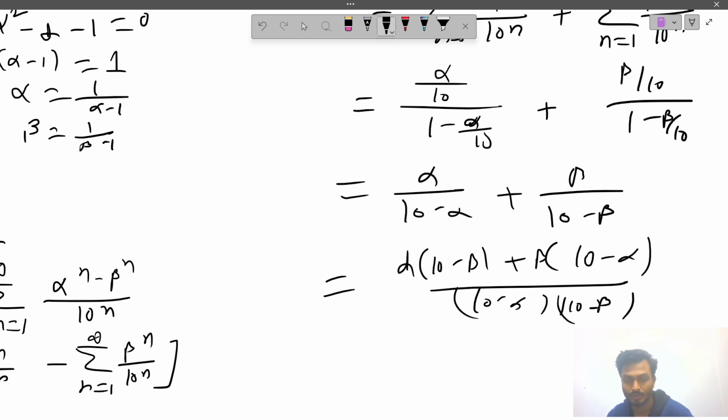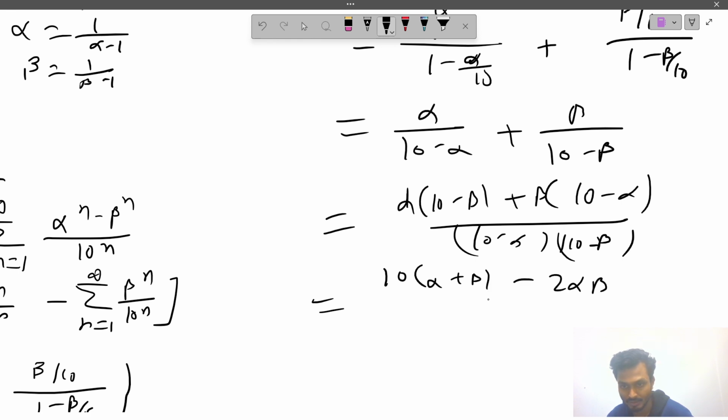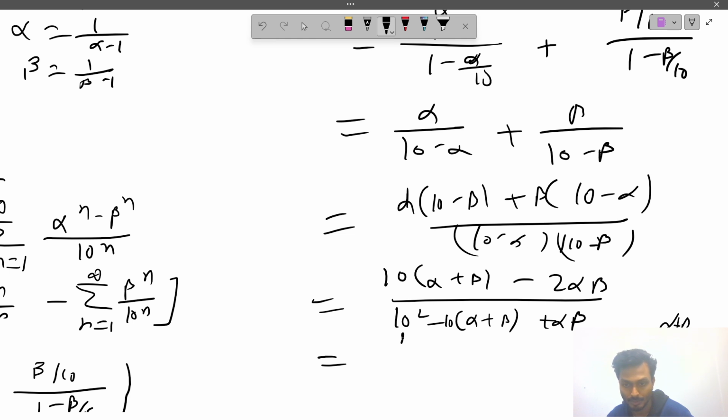So we get 10 into alpha plus beta minus 2 alpha beta, divided by 10 square minus 10 into alpha plus beta plus alpha beta. Now we know the value of alpha plus beta is what? Alpha plus beta is 1, and alpha beta is minus 1. So this will be 10 plus 2 divided by 100 minus 10 minus 1. So this will be 12 by 89.